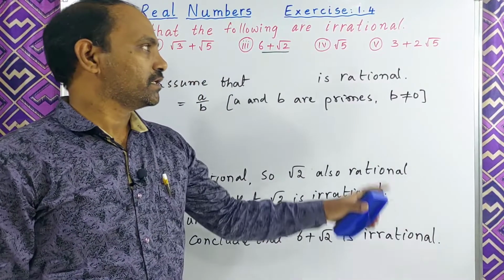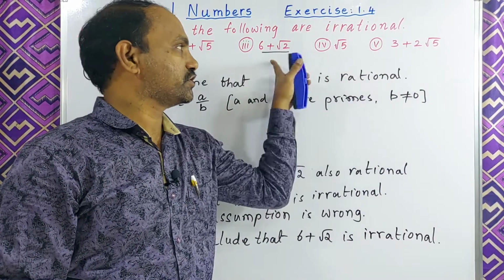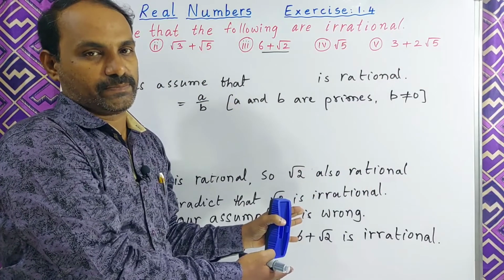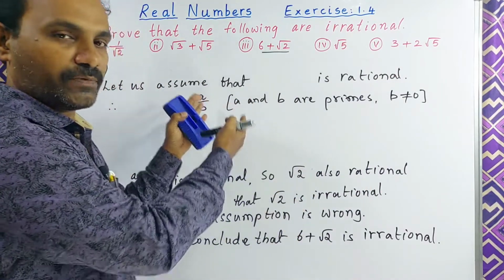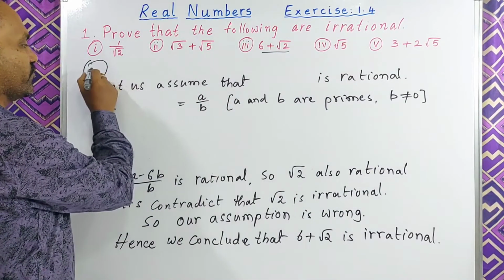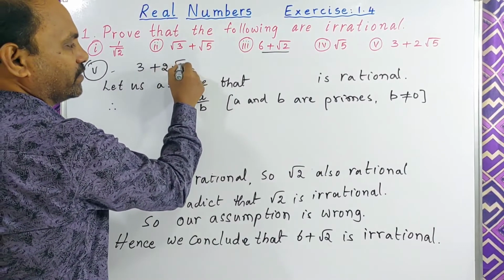Yes, students, before going to this question, we can first solve this one. Why? Because these two questions are similar. We need not change these steps. You can copy the same steps again. So the fifth question: 3 plus 2 root 5.